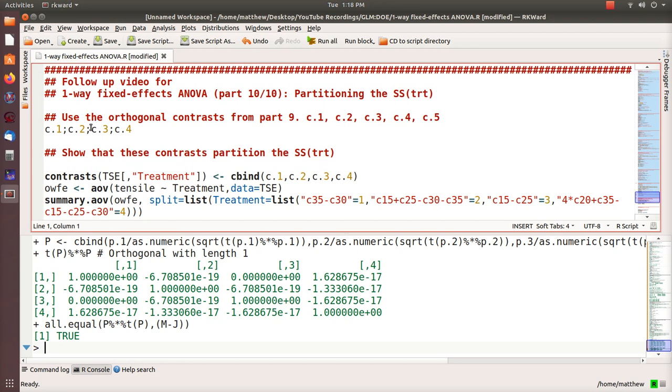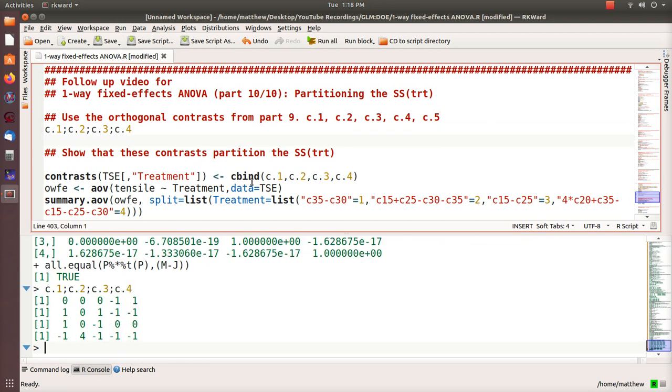So we've loaded the previous, and let me reprint these contrasts. Now to do this in R, we take the 4 contrasts and put them in an attribute of this treatment factor. TSE stands for Tensile Strength Experiment. That's what I created. It's a data frame that has 2 columns. One is Y, the tensile strength, and the other is a treatment vector, and it's a contrast.